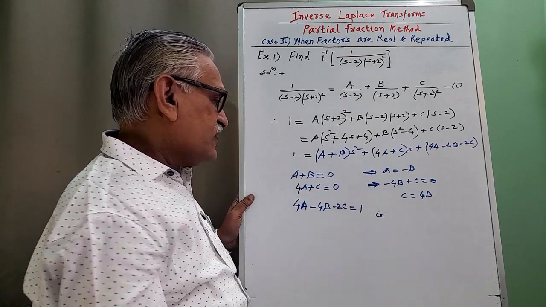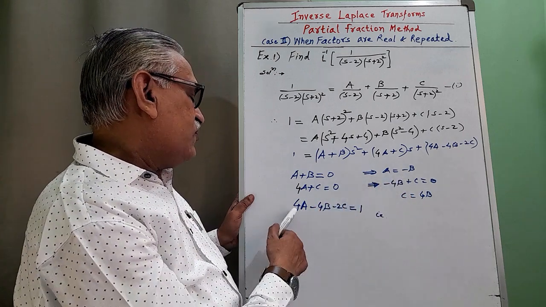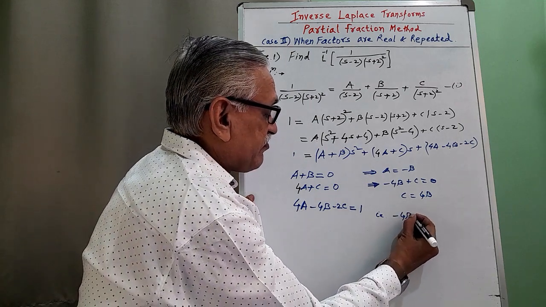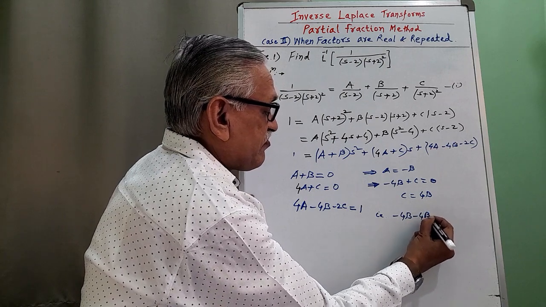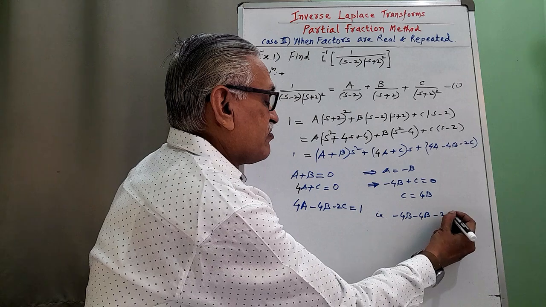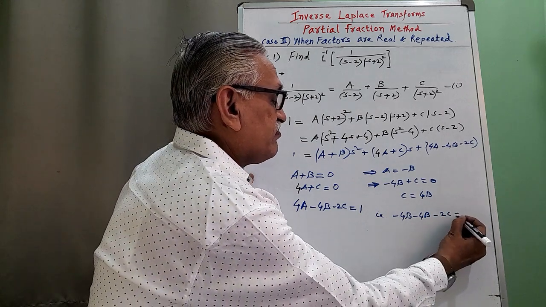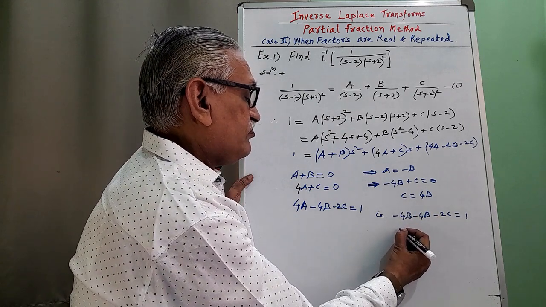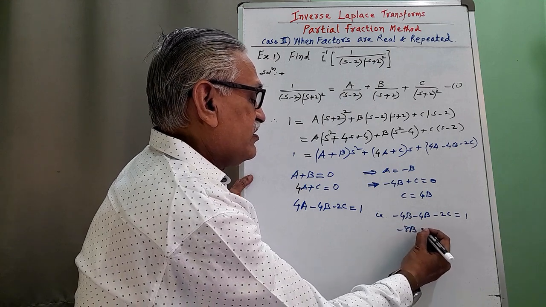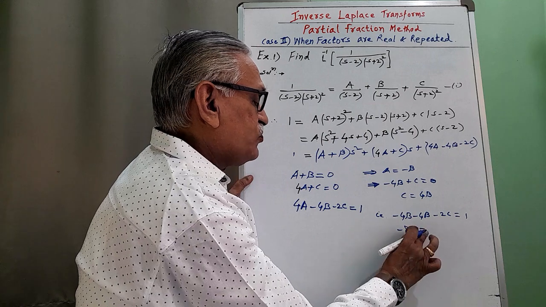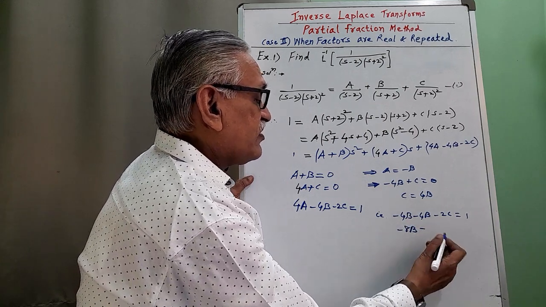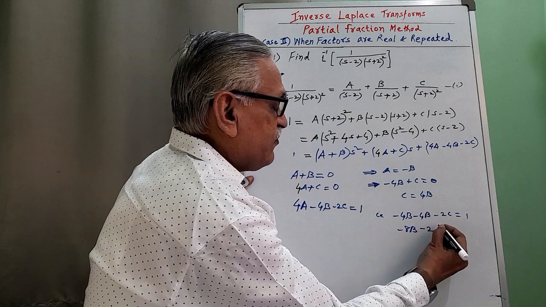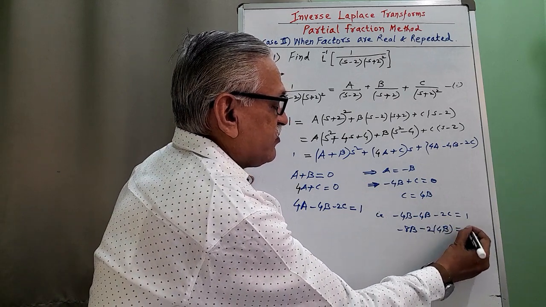Substituting the value of A as minus B, this becomes minus 4B, and minus 4B, and minus 2C is equal to 1, therefore this is minus 8B minus 2 times C, the value of C is 4B, and that is equal to 1.